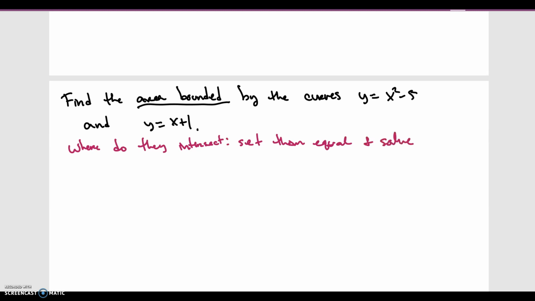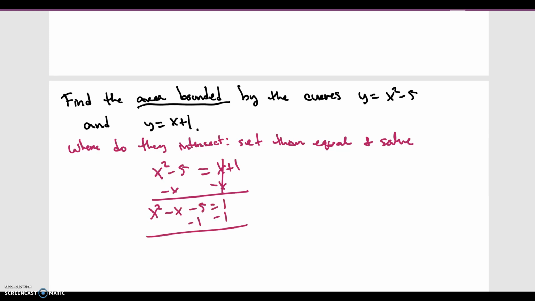So you take x squared minus 5 and set it equal to x plus 1. Since I know this is going to be a quadratic, I can move all of my x's together and get x squared minus x minus 5 equals 1, and then I subtract 1 from both sides and get x squared minus x minus 6 equals 0.